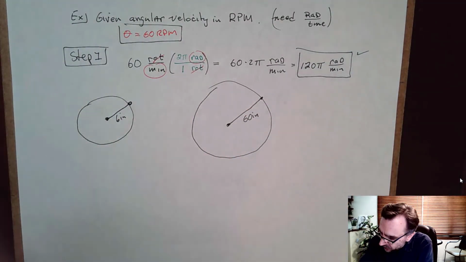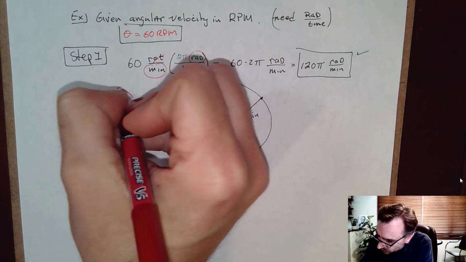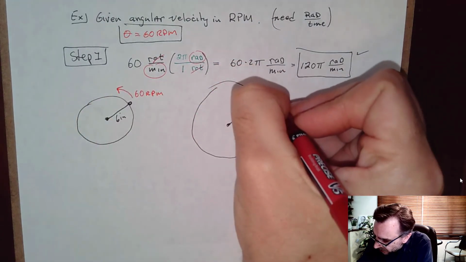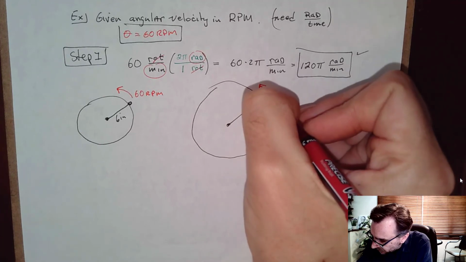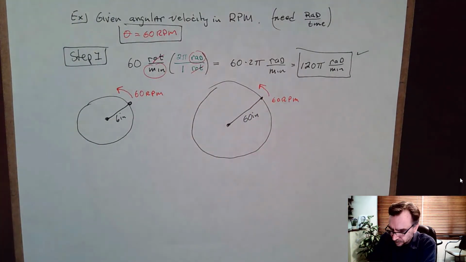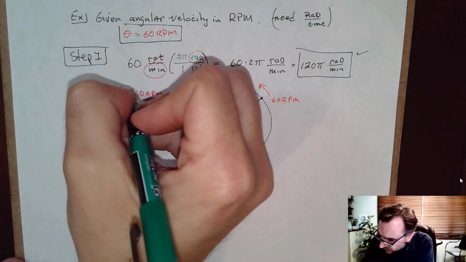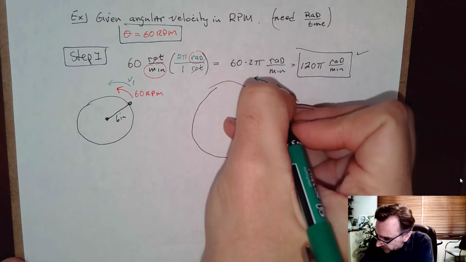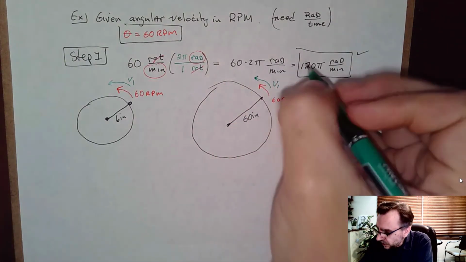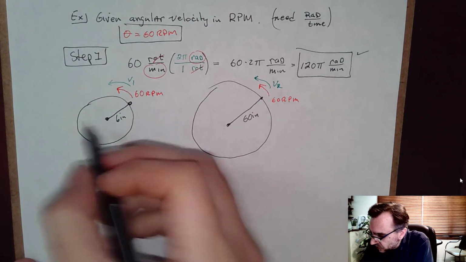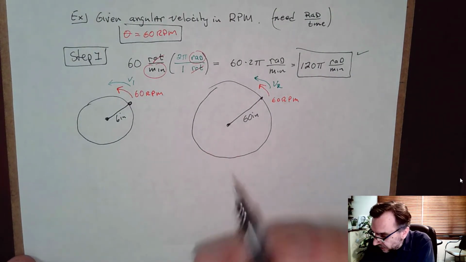Both of these rocks are being spun at 60 RPM. So the same angular velocity for both will produce different linear velocities. We'll look at the linear velocity there and the linear velocity here, and compare the two numbers. Same angular velocity, different linear velocities.